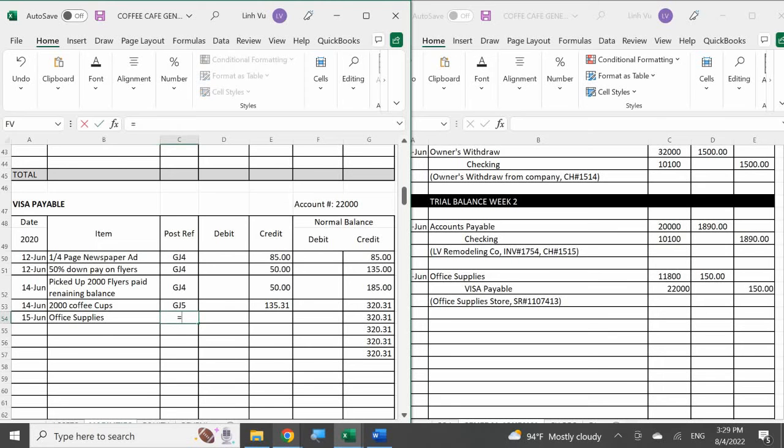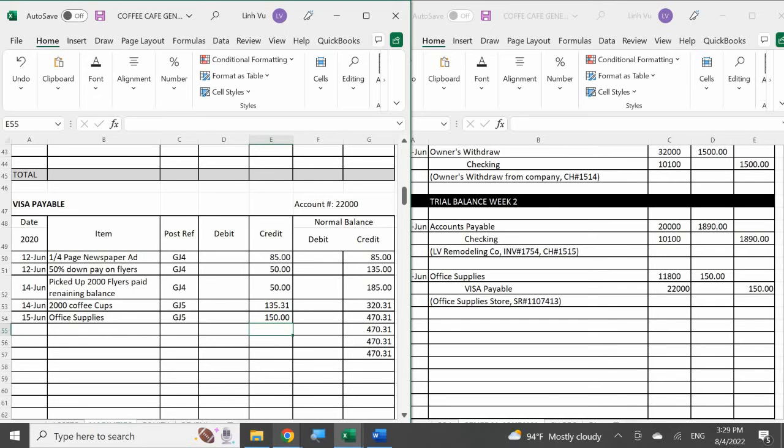It's JG5 in credit of $150. And so now the credit total is $470.31. Good. 470 and 31 cents.